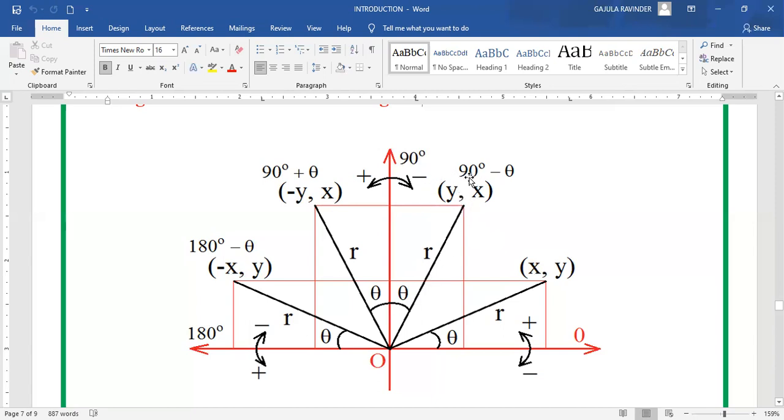Y by r is cos of 90 minus theta. But what is that for theta? Y by r here, no? So that y by r will be sin theta for this one. Like that, cos of 90 minus theta is sin theta, whereas sin of 90 minus theta will be cos theta.